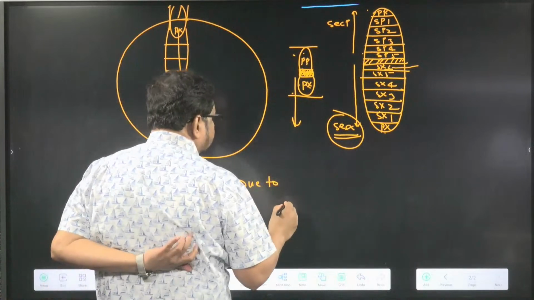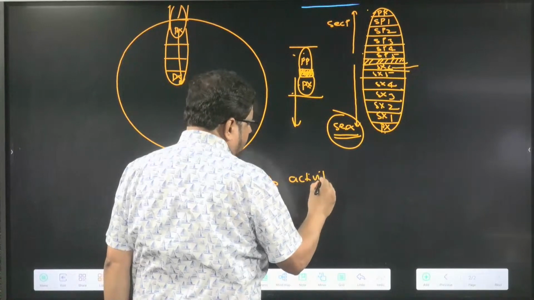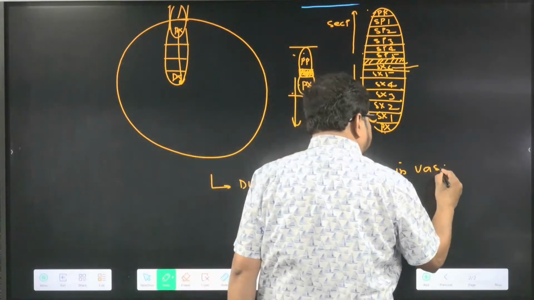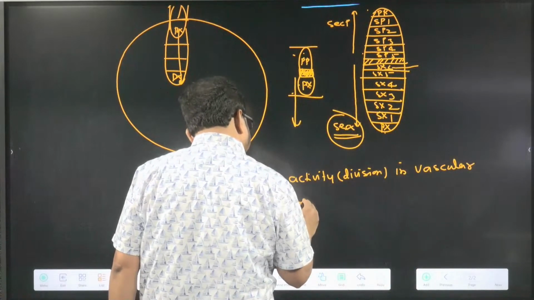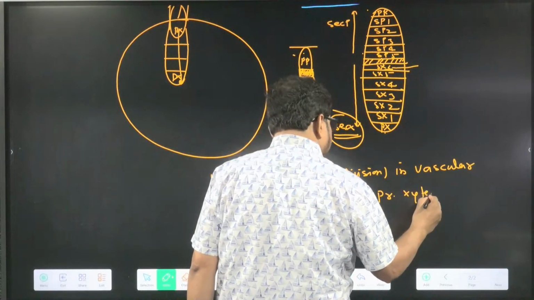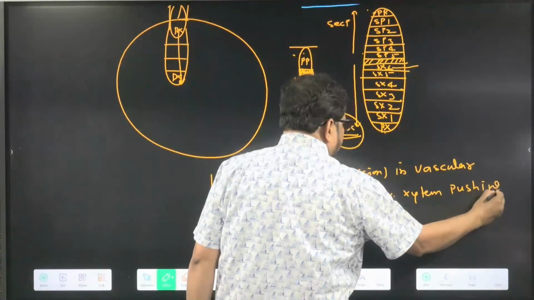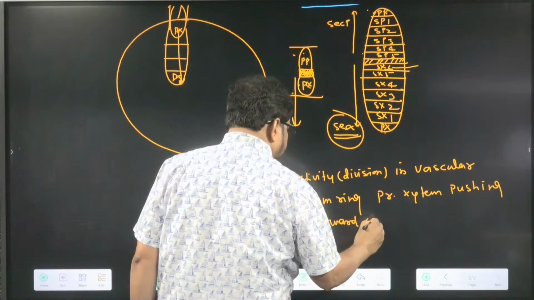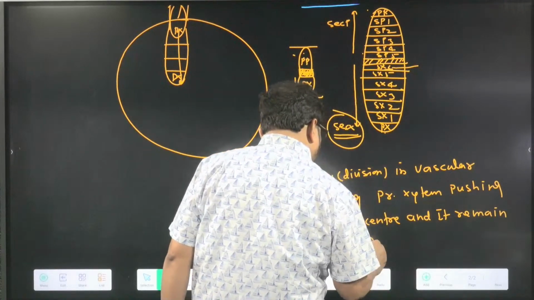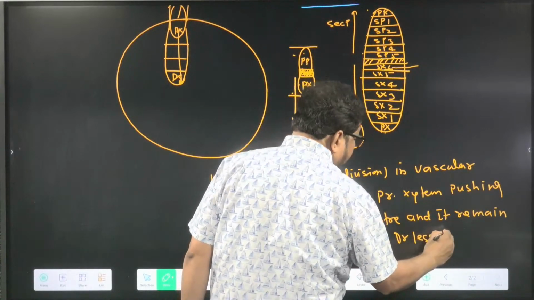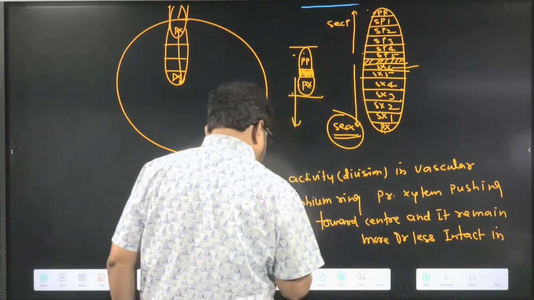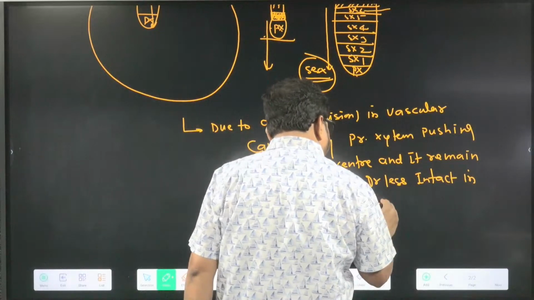Due to activity, in the sense division, in the vascular cambium ring, primary xylem is pushed toward the center, and it remains more or less intact in the center.